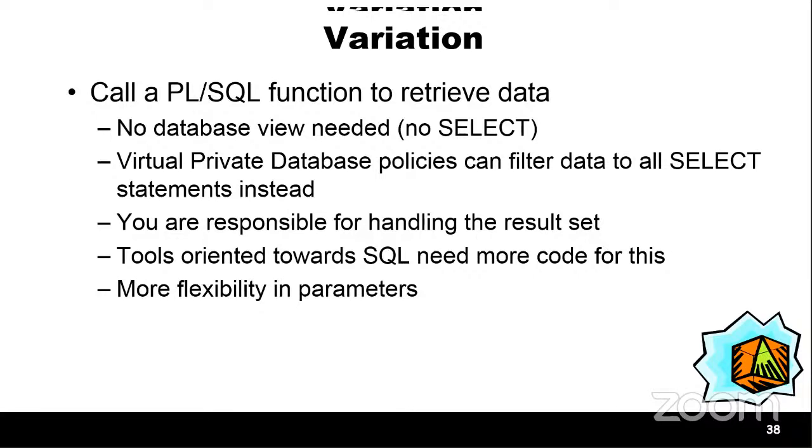Data Safe is another option, Oracle's Data Safe, for hiding data and manipulating data. But when you do this, you're responsible for handling the result set. So you've got to figure out how the user interface can handle the collection that's sent back from a function like that. And you may need more code to do that, but you do have more flexibility.